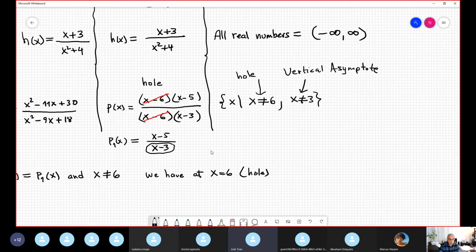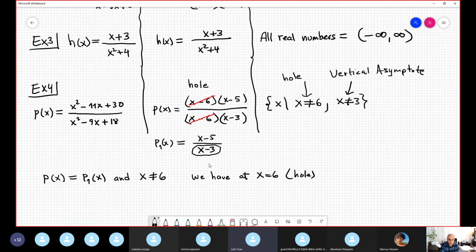The original function, not P1, but P, the original P. P1 is the simplification of P, but under the consideration that when you delete x minus 6 on the piece of paper, you consider that we have a hole.